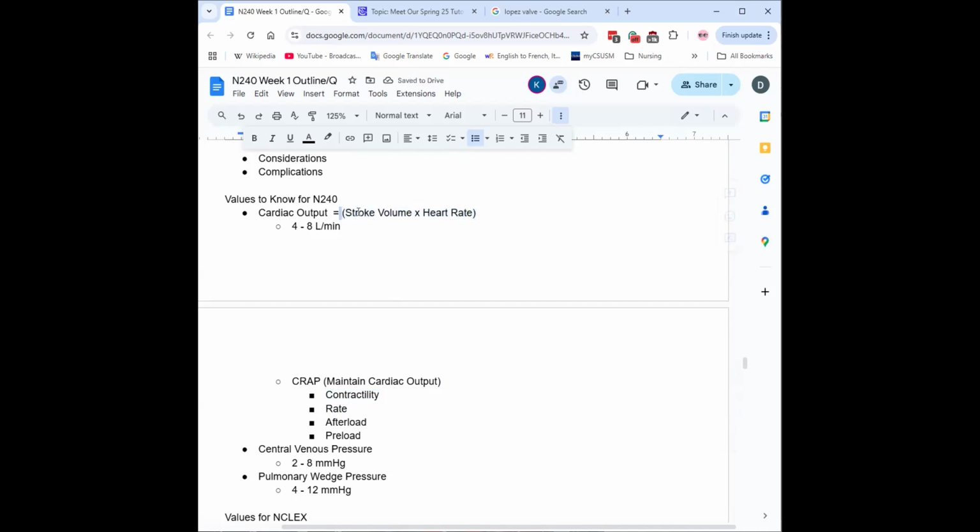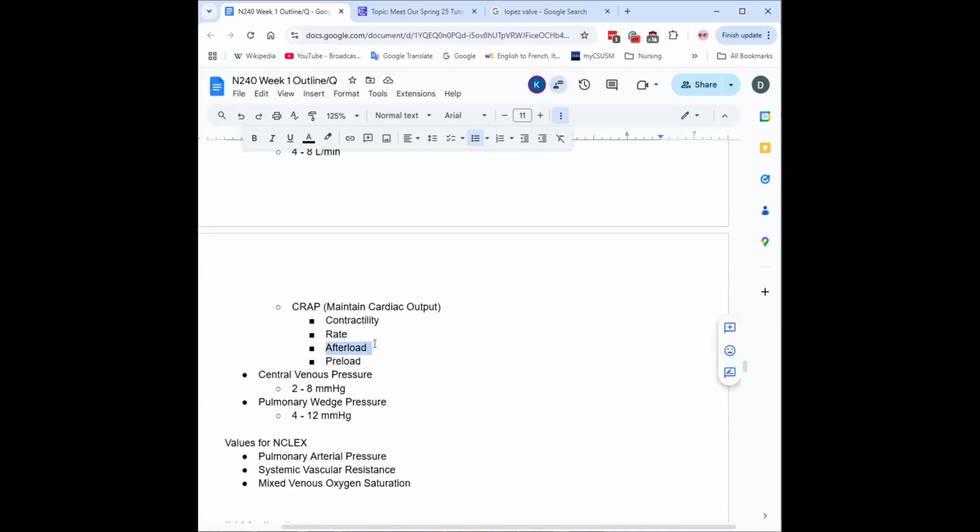At some point, if the heart rate's too fast, those pumps are not strong enough. We'll go over that later, but in general, increased heart rate will increase your cardiac output. Exactly, not enough time to fill. So that's some of the issues you have with fibrillations and fluttering.